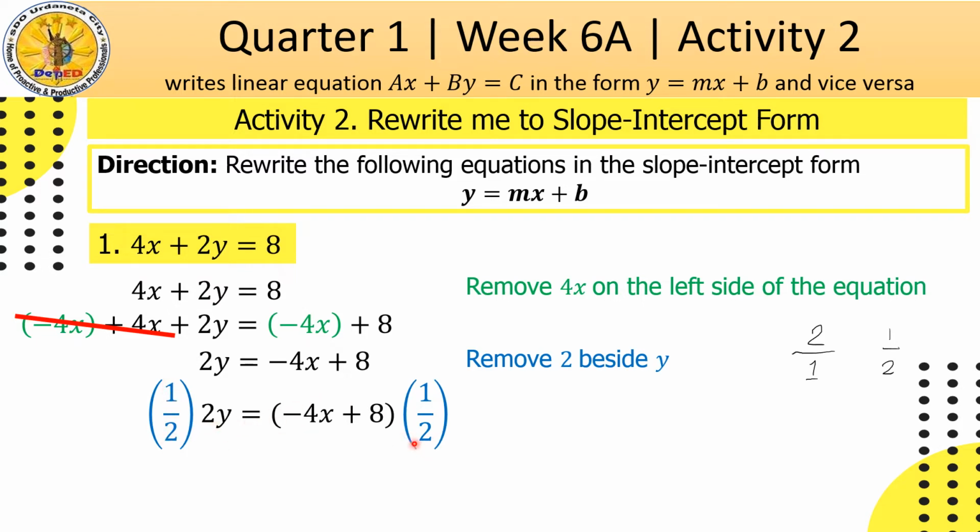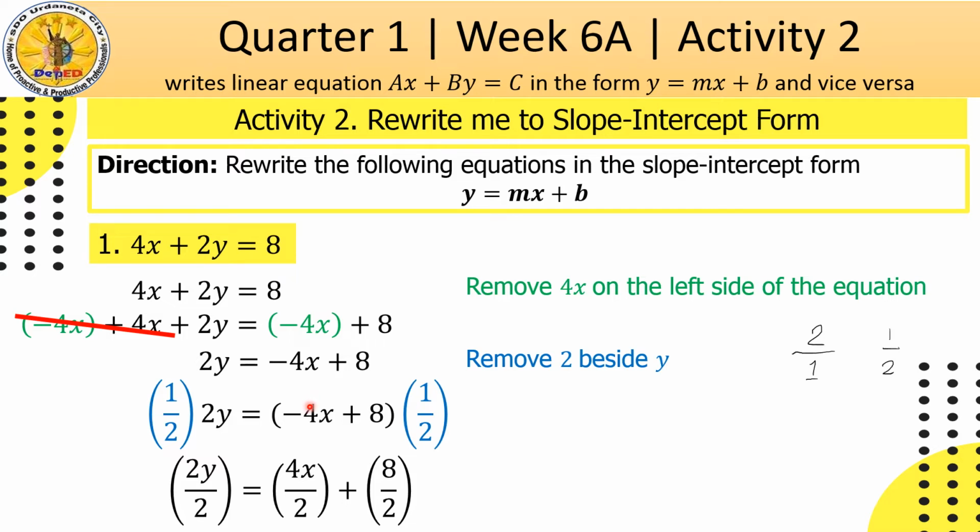And at the same time, we're going also to multiply on the right side of the equation. And then simplify this further, we have this. Because 1/2 times 2y, we will just multiply 2y times 1 is 2y. So we write 2y here. And then we will apply distributive property here. 1/2 times negative 4x.